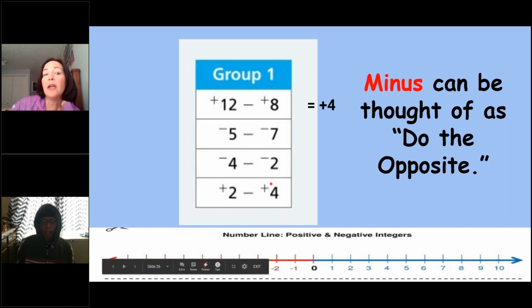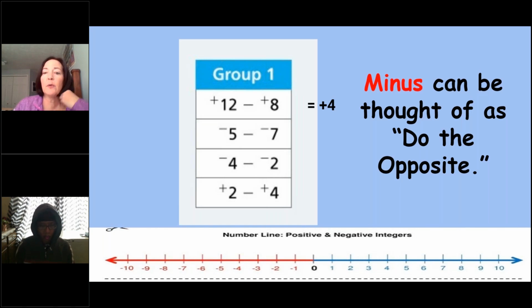Perfect. Okay, so now -5. So now I'm going to be starting way over here. Here's -5 right here. And I have to do the opposite of going -7. So which direction do I go if I'm doing the opposite of going -7? Am I going to the left? Right. I'm going to the right. Nice.